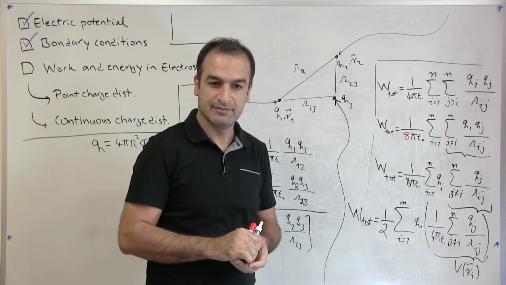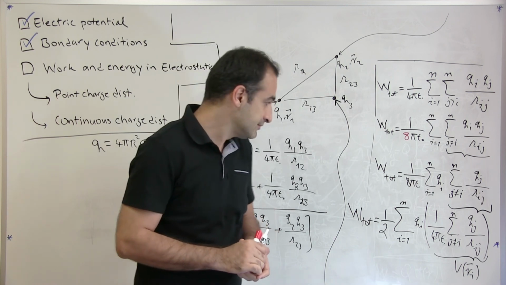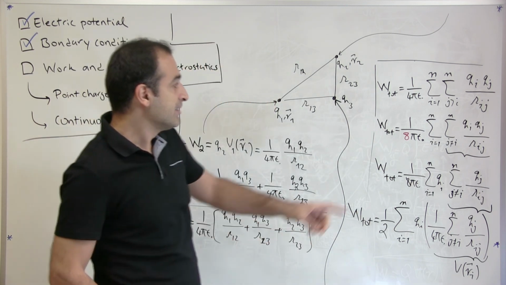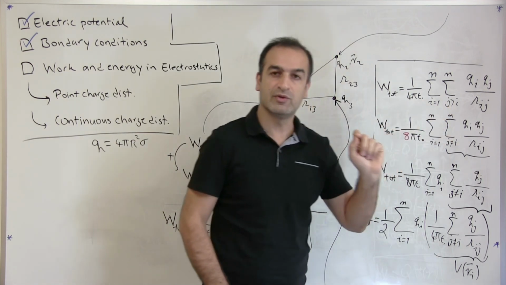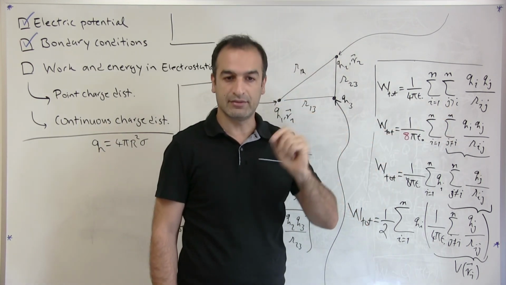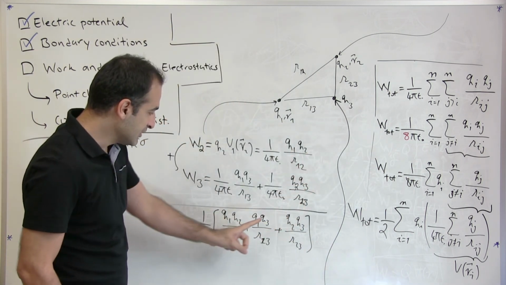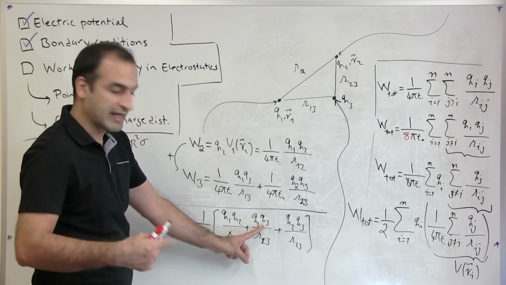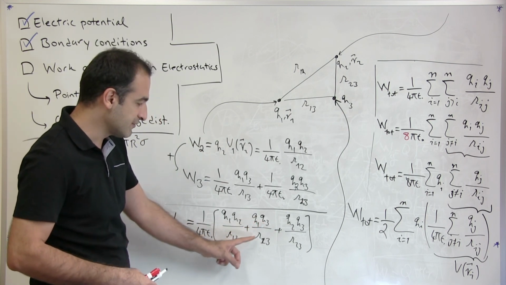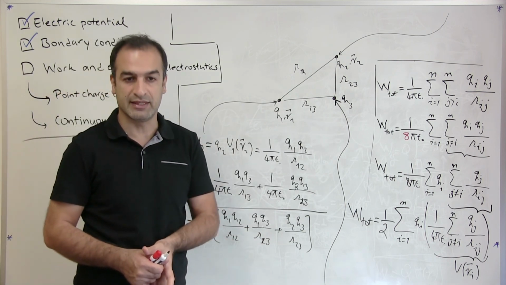Yeah, why divide by 1/2 to get 1/8? Okay, because here I said j needs to be greater than i so that we avoid double counting the contributions. So all these terms, let's say you have Q1 times Q3. You don't want to add Q3 times Q1 as well, because that's going to be exactly the same contribution. We don't want to count twice.